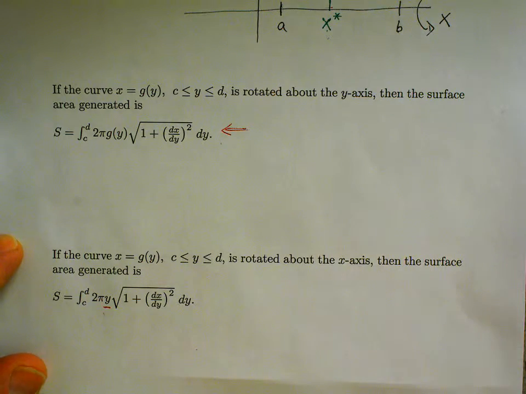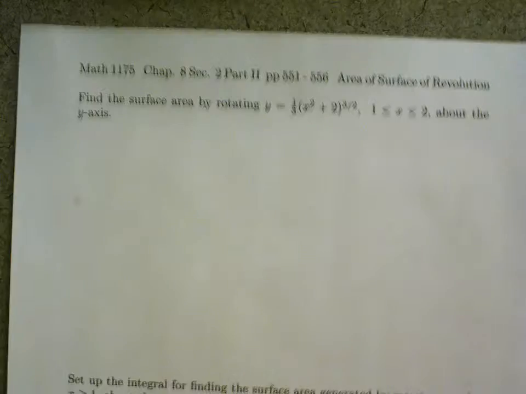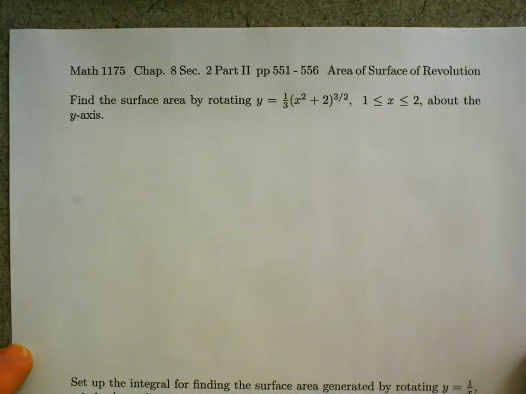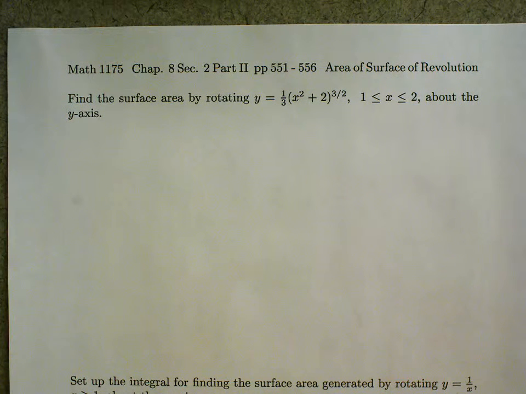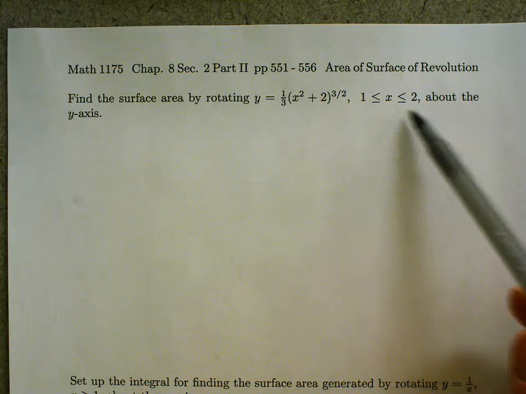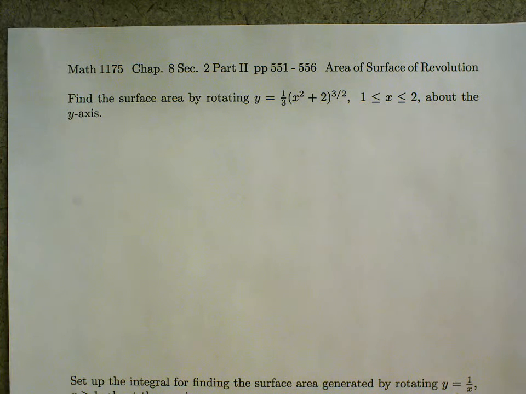So let's try an example. Okay, find the surface area by rotating y equals 1/3 times the quantity x squared plus 2 to the 3/2 for values of x between 1 and 2, and rotating about the y-axis.